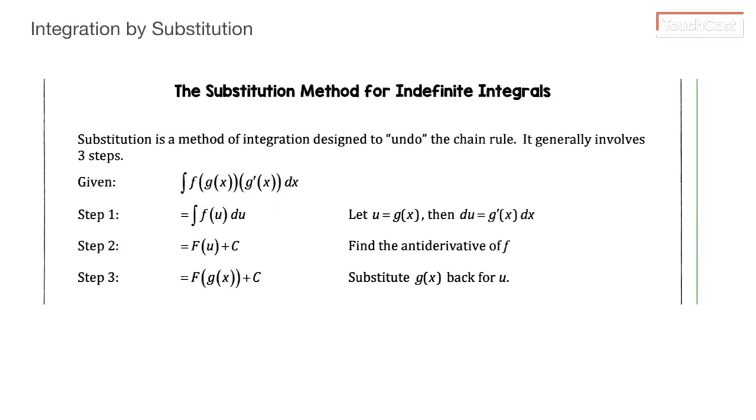Then we're going to find the antiderivative of f, and we're going to call that big F of u plus a constant. And then we're just going to plug u, the expression we said u is equal to, back into the function.